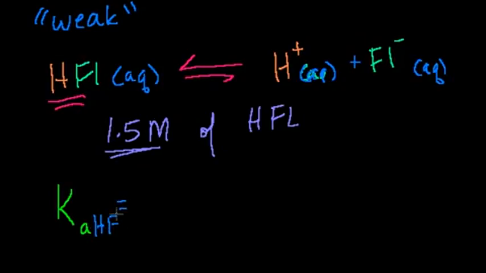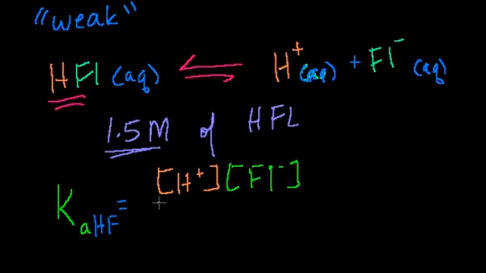It is equal to the products, so the concentration of your hydrogen ions times the concentration of your fluoride ions, divided by the concentration of your hydrogen fluoride, or hydrofluoric acid, HF.